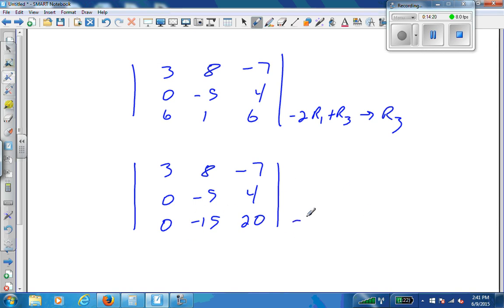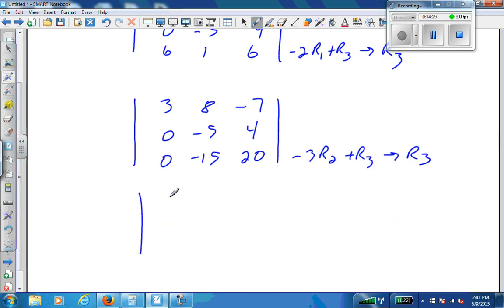So let's do negative 3 times row 2 plus row 3 and see if that gives us our new row 3. So 3, 8, negative 7, 0, negative 5, 4. Negative 3 times 0 plus 0 is 0. Negative 5 times negative 3 is 15 minus 15. 4 times negative 3, that's negative 12 plus 20 is 8.